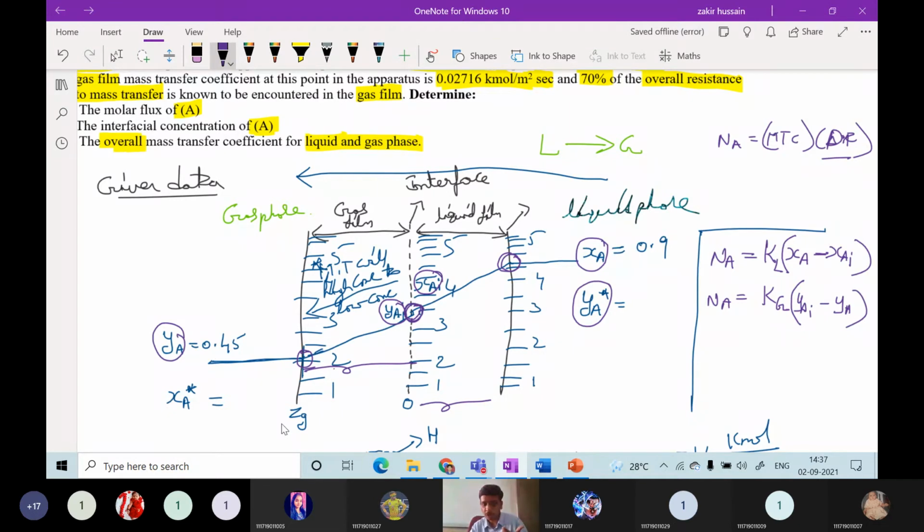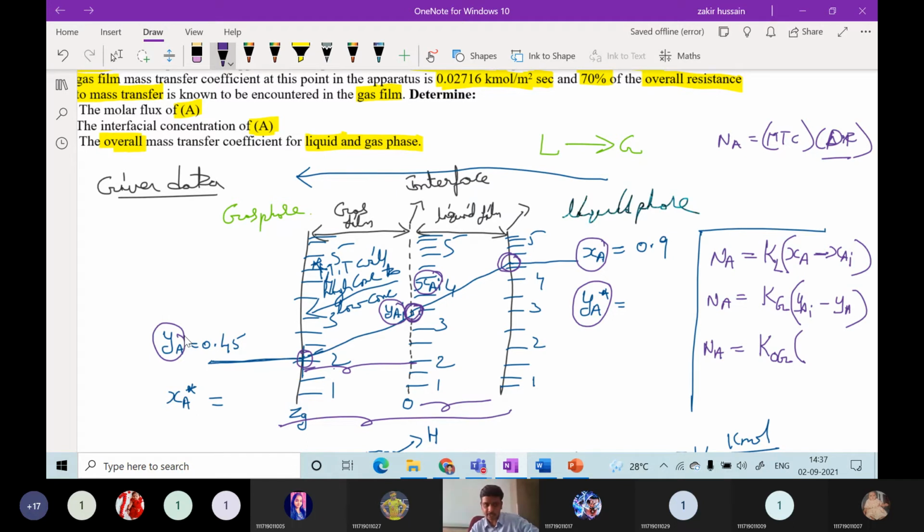If you want to write for the overall, where 2 films you have to consider, NA is equal to mass transfer coefficient denoted by K, and overall 2 films you are referring, then you have to write O, overall. For gas terms you have to denote G. Then the mass transfer coefficient is already there. Then you have to fix the driving force. What is the driving force for this one?